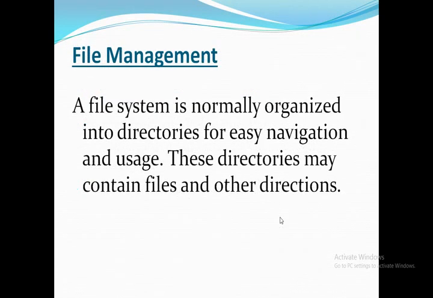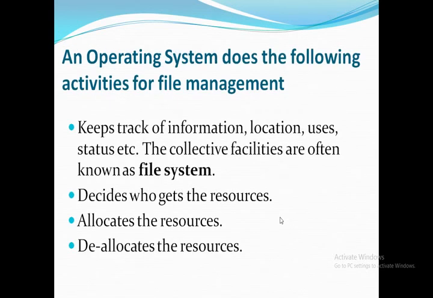File management. A file system is normally organized into directories for easy navigation and usage. These directories may contain files and other directories. An operating system does the following activities for file management: it keeps track of information, location, usage status, etc. The collective facilities are often known as the file system.